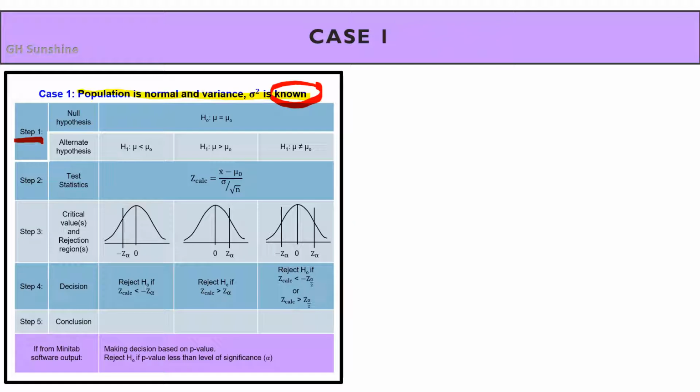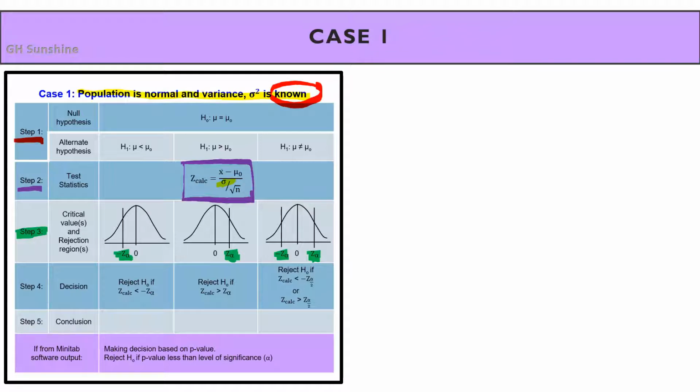Second step: calculate the Z value, where sigma represents the population standard deviation. Third step: find the critical value from the Z table, and then the rejection region.